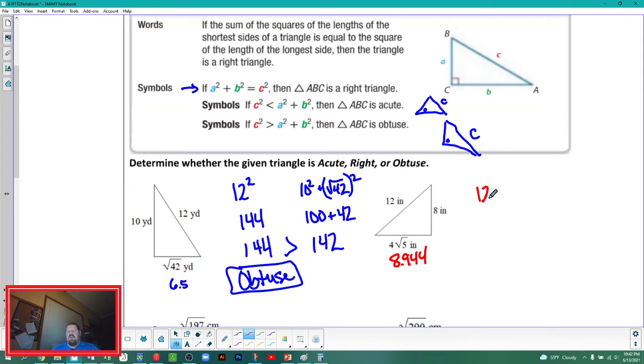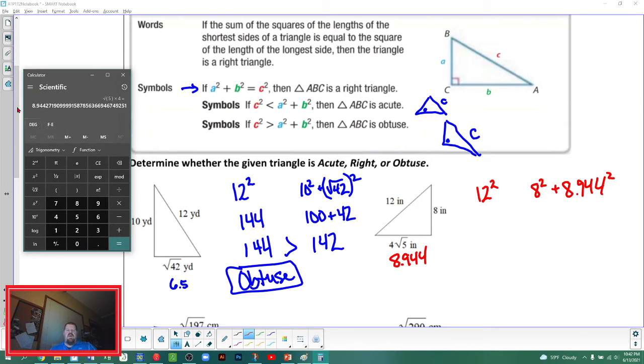So I'm going to look at 12 squared versus 8 squared plus 8.944 squared. Now, I would be better off just to use the exact value and square it. There's no doubt that would be a better solution. But we're going to see what happens if we don't.